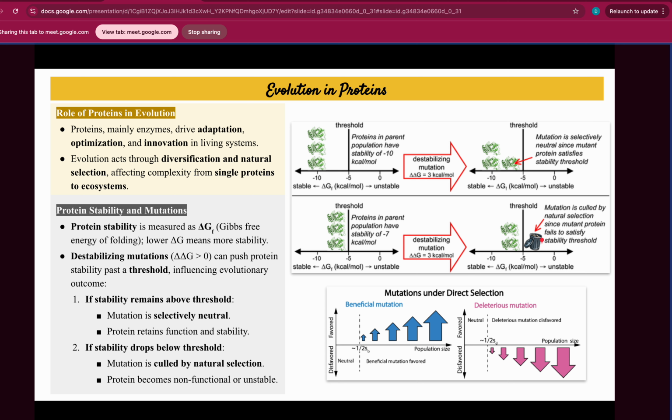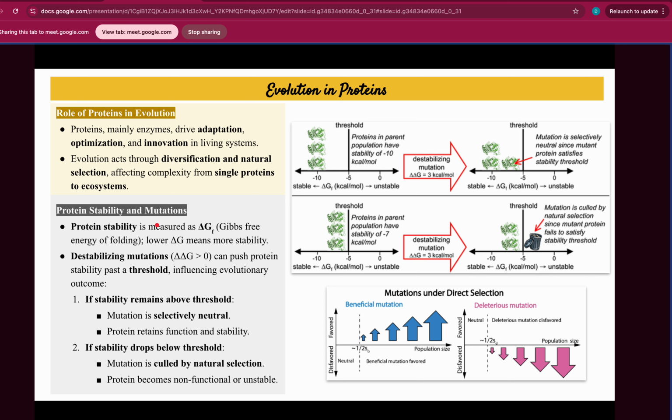So whenever a mutation leads the protein past the threshold, this mutation is culled by natural selection, since the mutant protein fails to satisfy the stability threshold. In such scenarios, this mutation will be lost. Natural selection will act on this and purify it. It will remove that particular mutation which is leading to an unstable protein structure. So this is how the proteins have evolved.